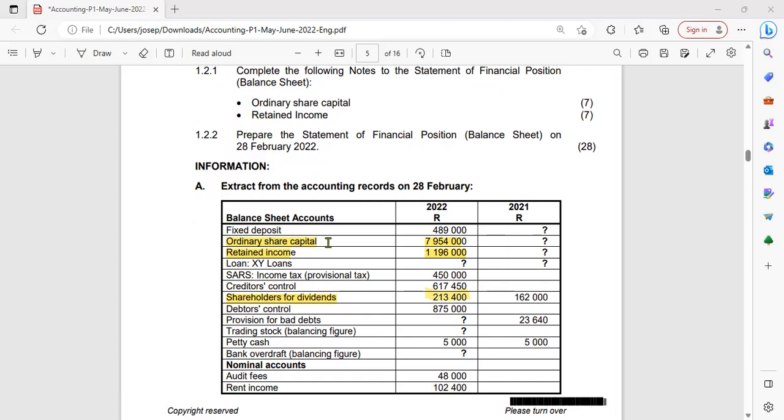Okay, ordinary share capital, as we see from the extract, we are given 7,954,000 as the balance at the end, as the amount or the price of shares issued at the end of the year. So we don't have the price of shares issued at the beginning of the year, right?